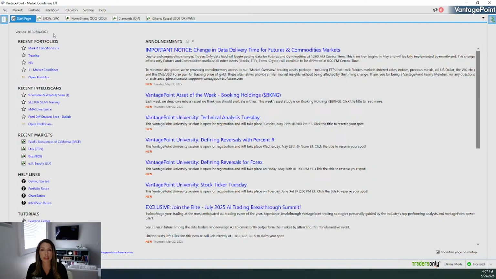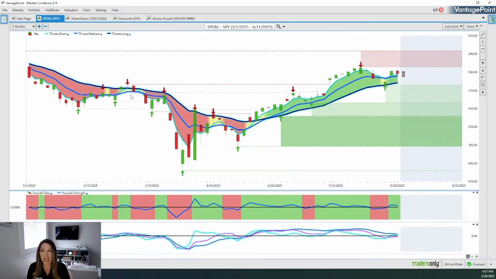It's very important to understand what the current state of the markets is. So that's what we're going to dive into first. We'll take a look at the SPY. The SPY is the ETF that follows the S&P. We'll look at this first to better understand the context of the current market conditions.